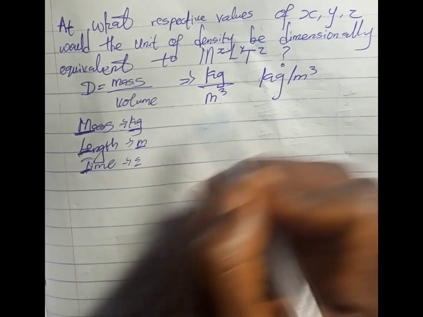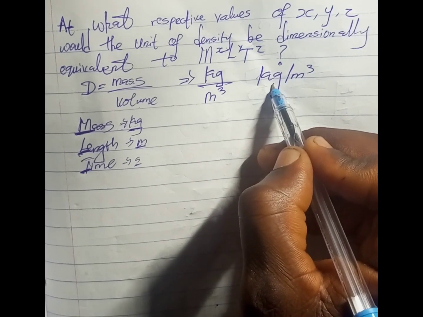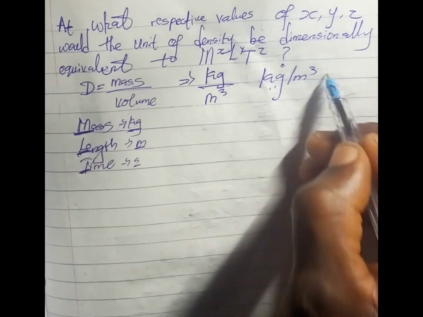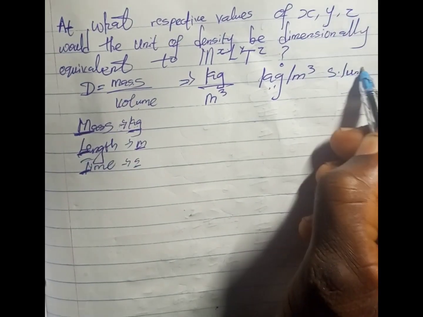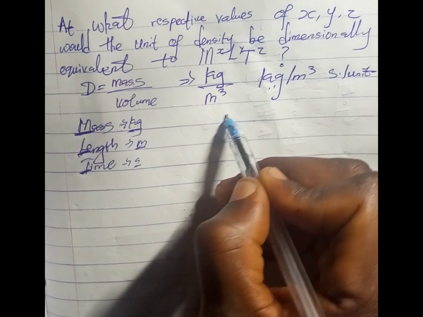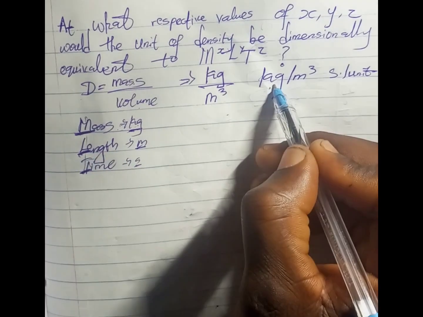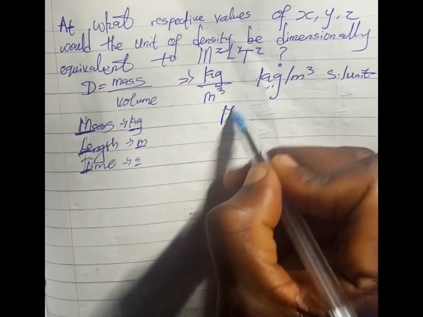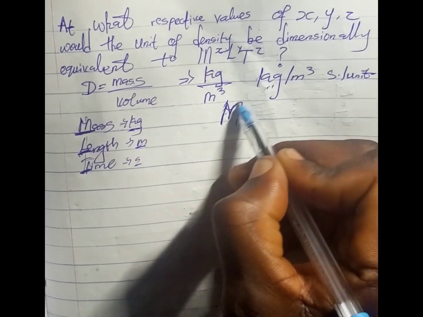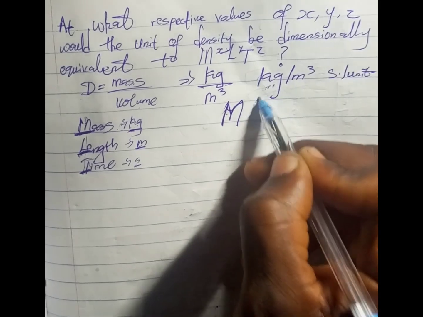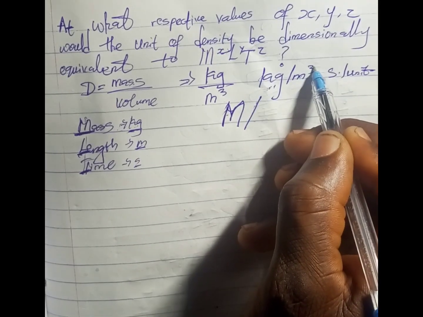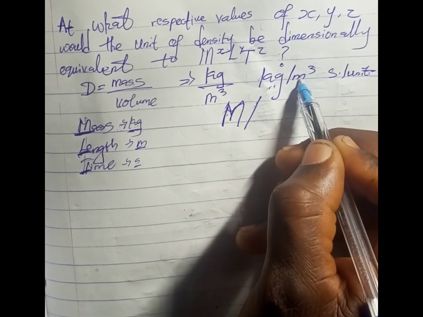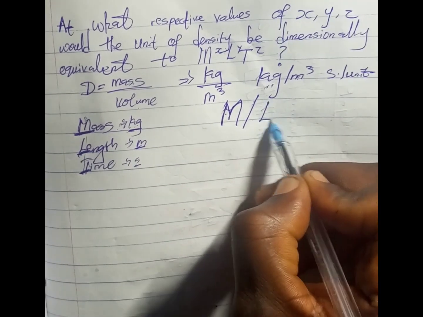Is that clear? So this kg here is mass. This is the SI unit. Now when we are talking about the dimension, the dimension for this kg is capital letter M for mass. Then the slash m raised to power 3. This m is meter, which is length, L raised to power 3.